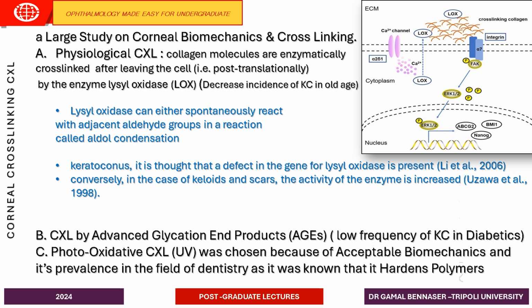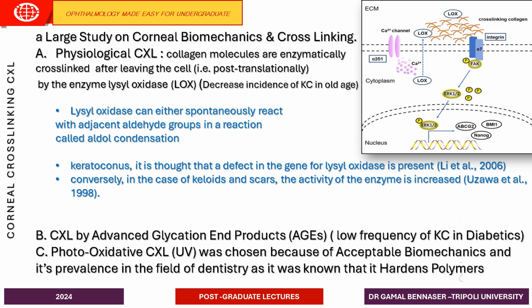Now, the third type of cross-linking is mediated by ultraviolet light, also known as physicochemical cross-linking. It is a photooxidative cross-linking induced by ultraviolet in the presence of photosensitizers. They found that this reaction is safe, and it has a major effect in strengthening the collagen fibers, as seen when these techniques are used in dentistry to strengthen the gums.